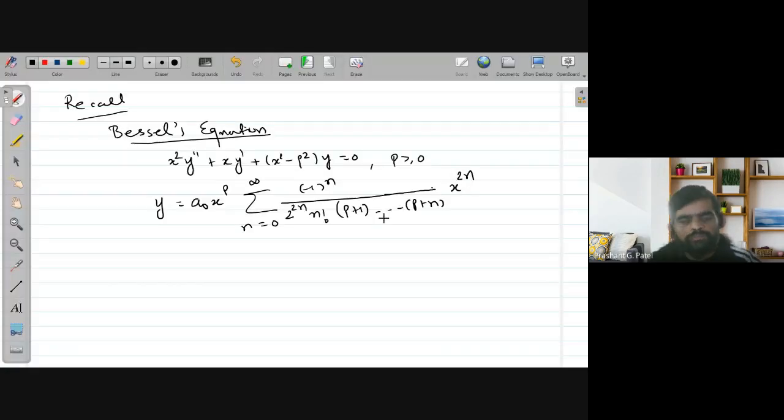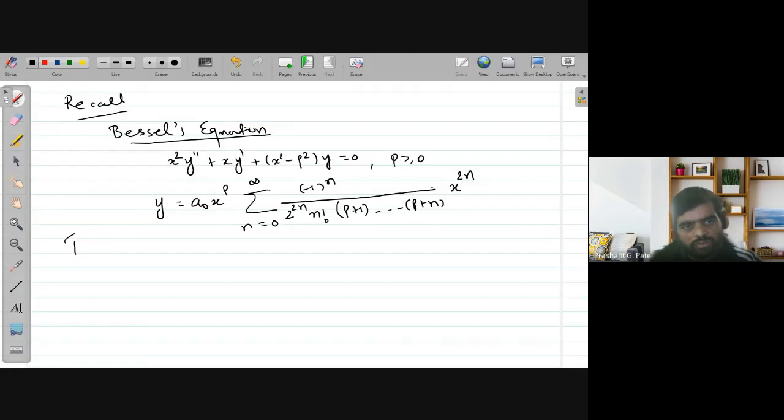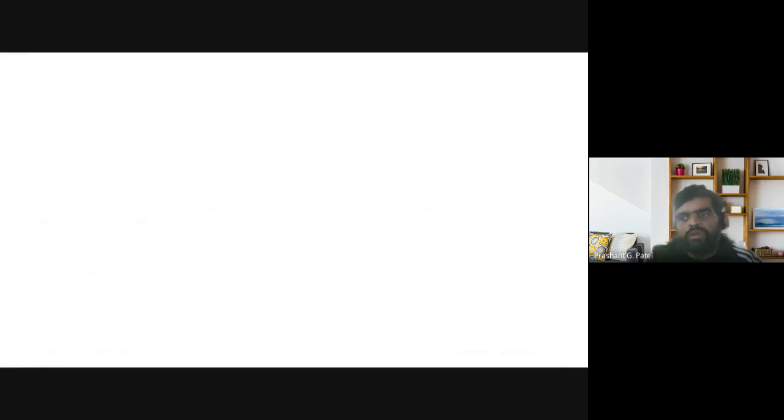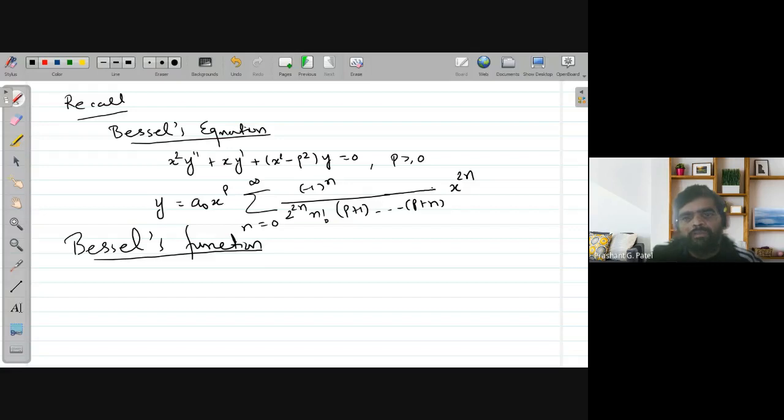And to get the Bessel's function, we also define the Bessel's function by picking this value of a0 as 2 raised to p into p factorial.